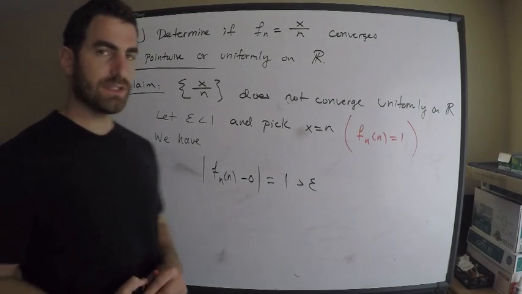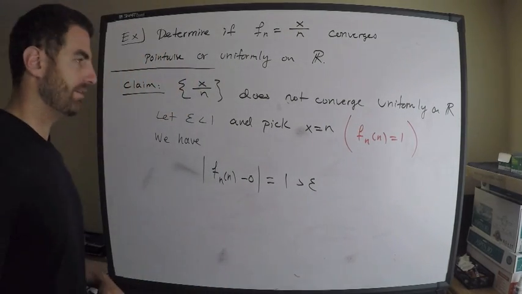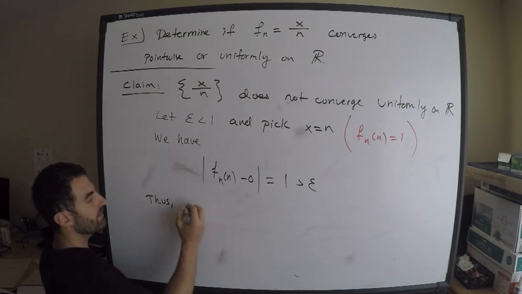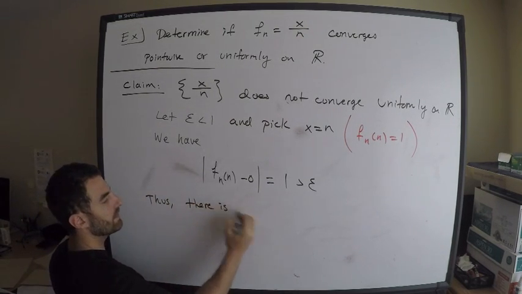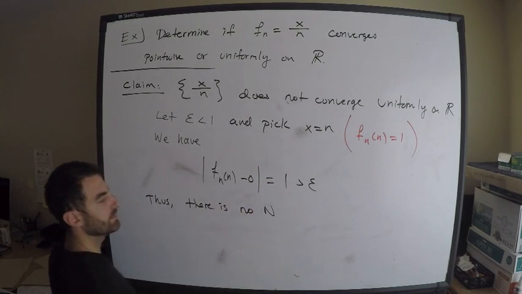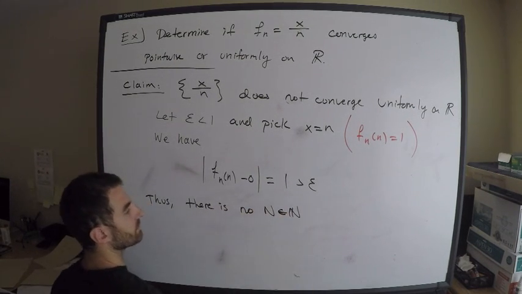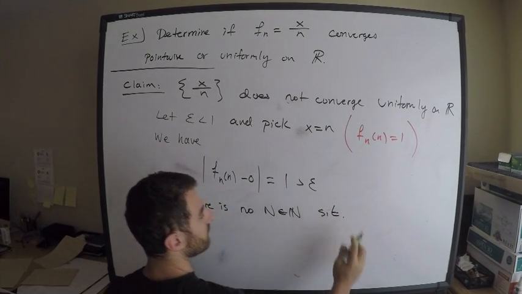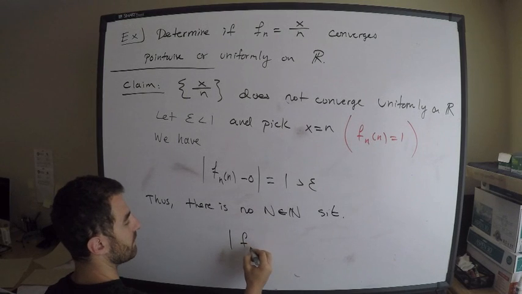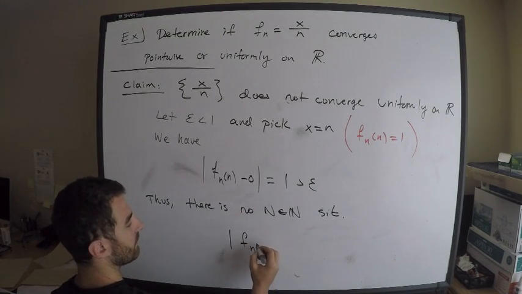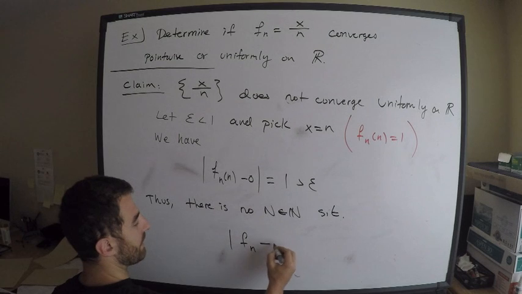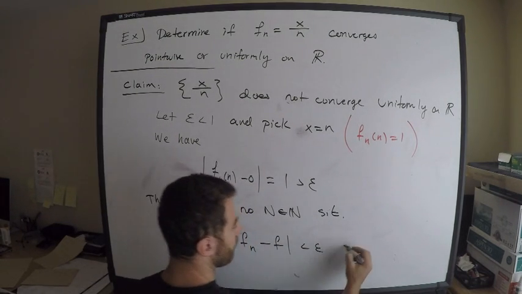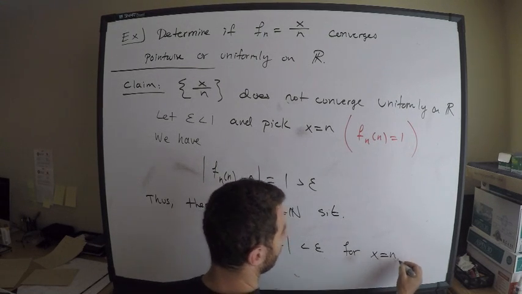So for this choice of x, I cannot find a capital N. So thus, there is no capital N, natural number, such that Fn minus f is less than epsilon for x equals n.